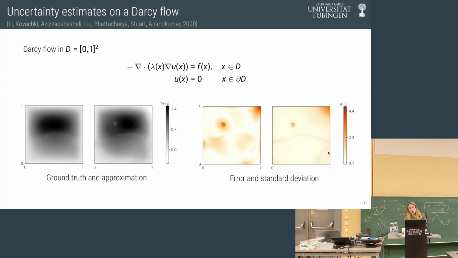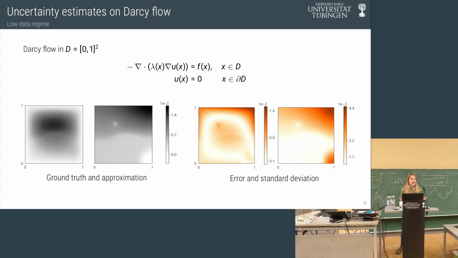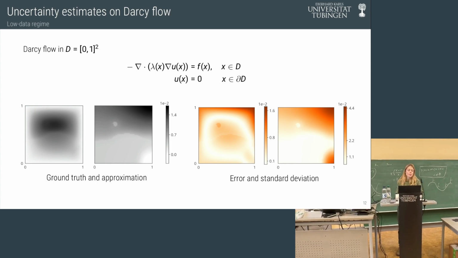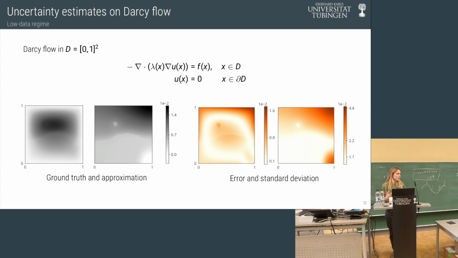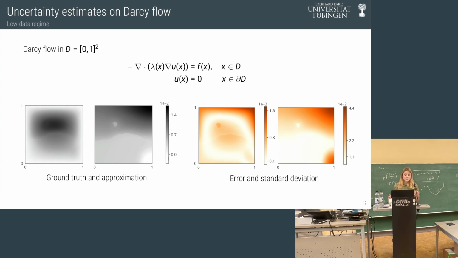Here on the left, you can see the error. For computing this, you need the actual solution and do the difference. For computing this, you don't need the actual solution. You're approximating it with the uncertainty that you have. Another point we wanted to make is that also in cases where you have really little data available, which is actually quite a usual setting, because if you think of very complex problems like weather models, producing this data can be quite expensive, you have to be aware if your approximation is very wrong.